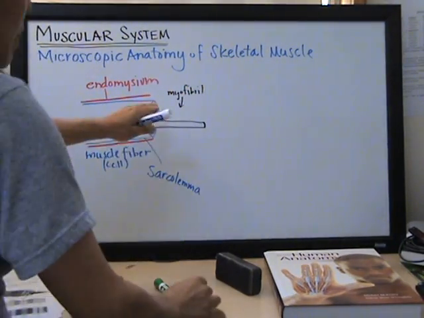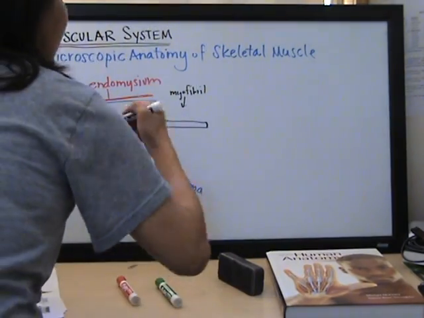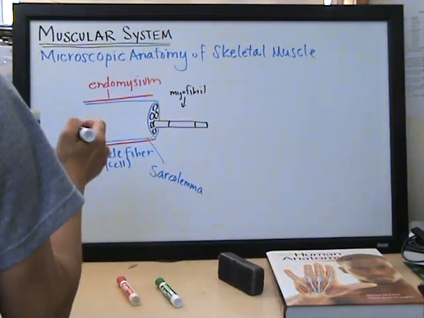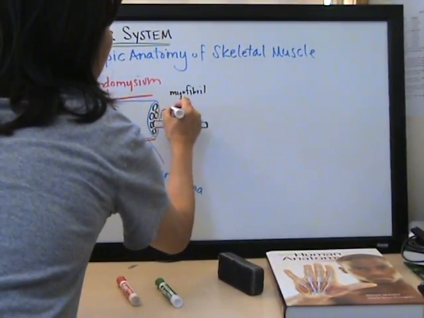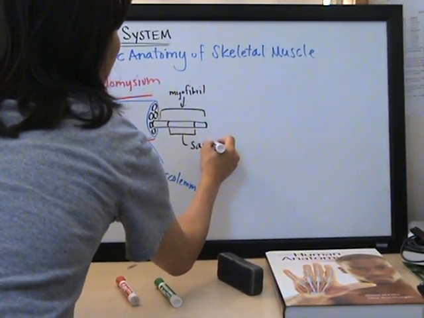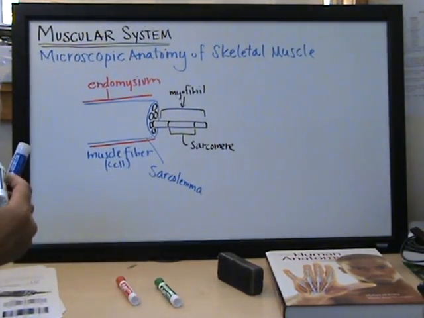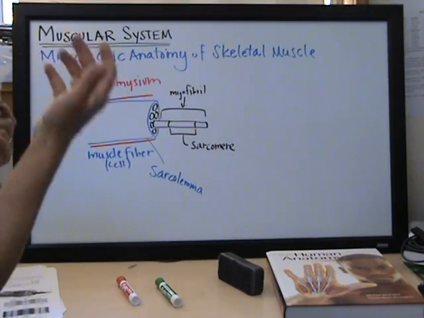Now each myofibril is further subdivided into sections. And each section is called a sarcomere. So this whole thing is a myofibril. Now the sarcomere is really the functional unit of the skeletal muscle cell, or the skeletal muscle.